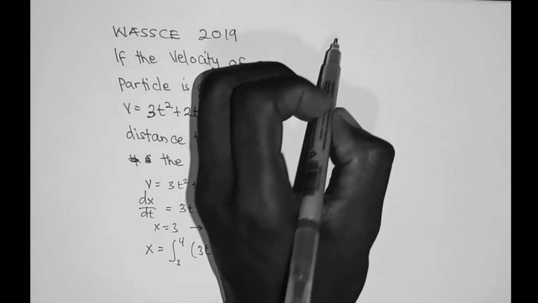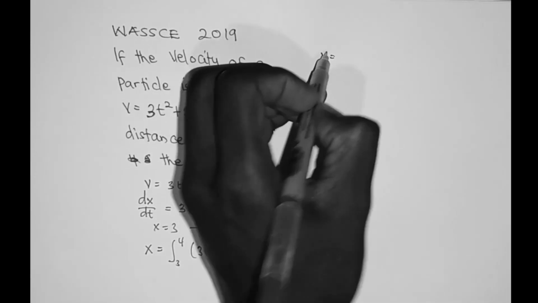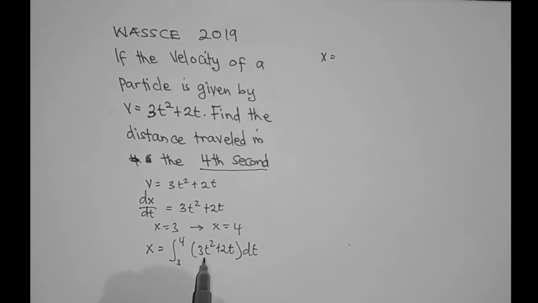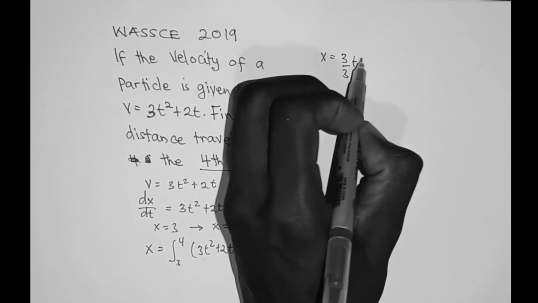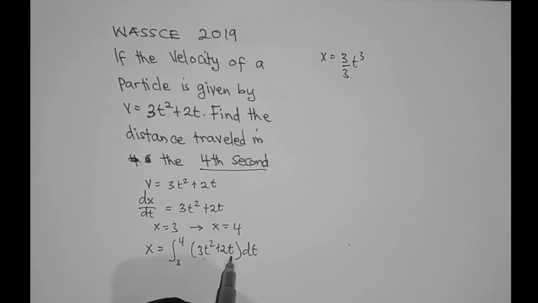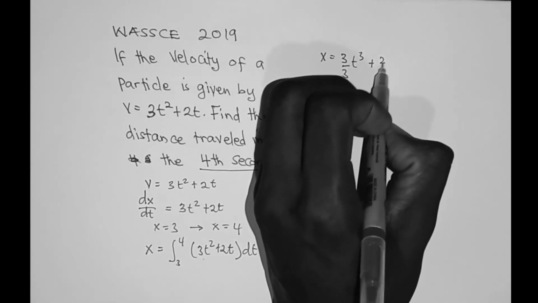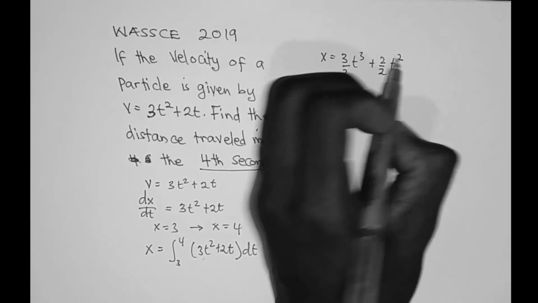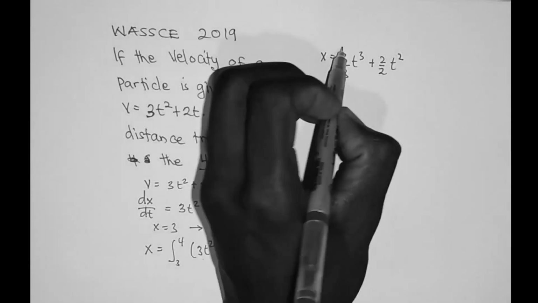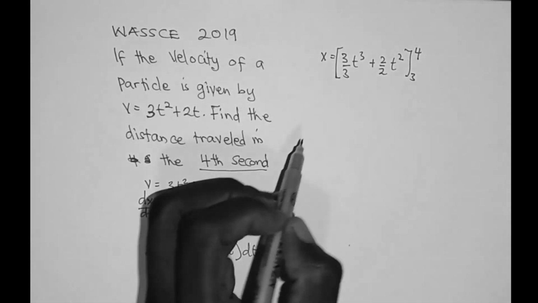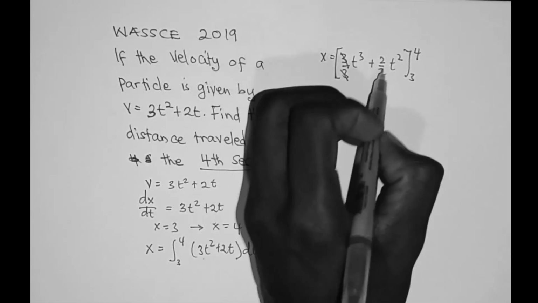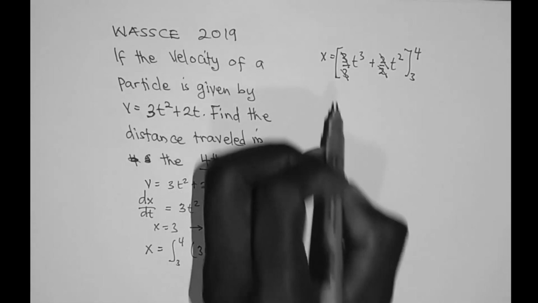So let's go ahead and do the integral. So x is equal to, if you integrate 3t squared, it becomes 3 over 3 t exponent 3. And if you integrate 2t, it becomes plus 2 over 2 t exponent 2. All of this evaluated from 3 to 4. So this 3 and 3 can cancel. 2 and 2 can also cancel.